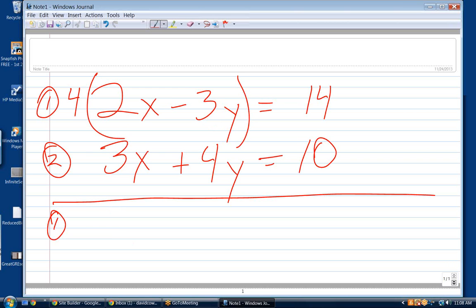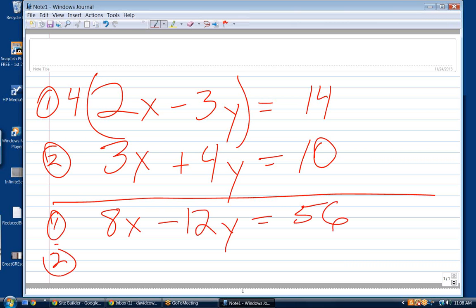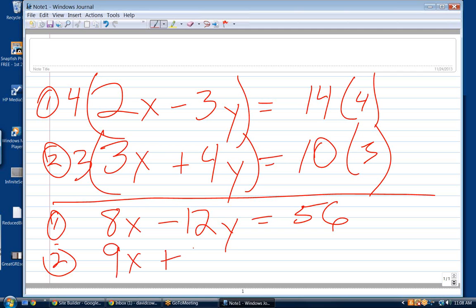So the first equation becomes 8x minus 12y equals 56. And the second equation, when I multiply it by 3, remember, you have to do the same thing to both sides of the equations. I get 9x plus 12y equals 30.